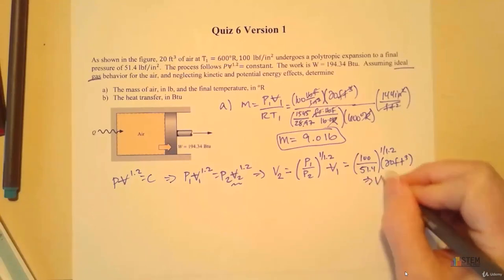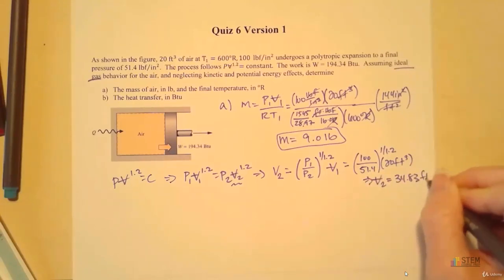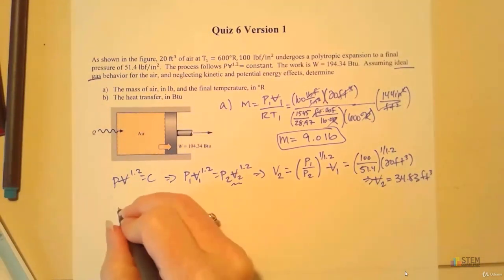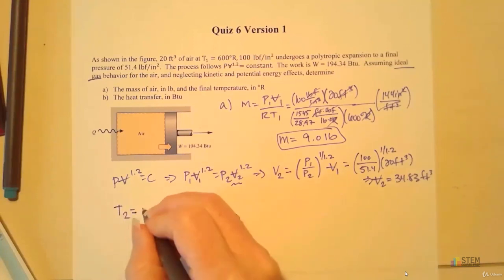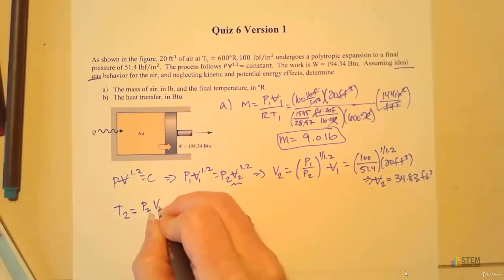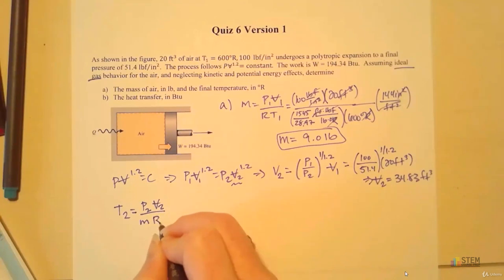So this means V2 is 34.83 cubic feet. Now we have that. We're still looking for our final temperature. Now you're going to go back to that ideal gas law, and using that we can write that the temperature at state 2 is equal to the pressure at state 2 times the volume over the mass times R.